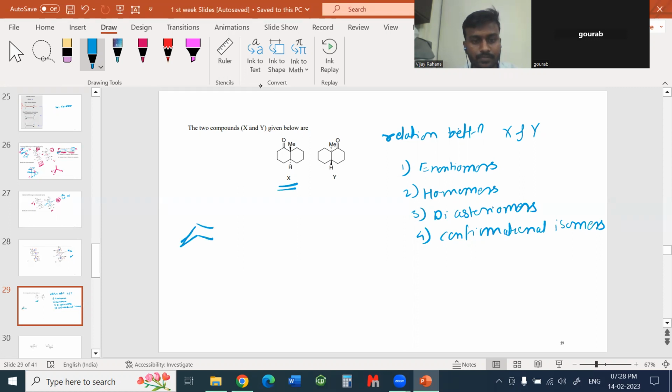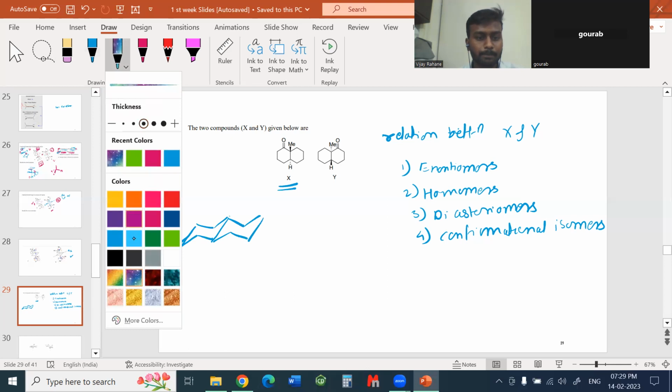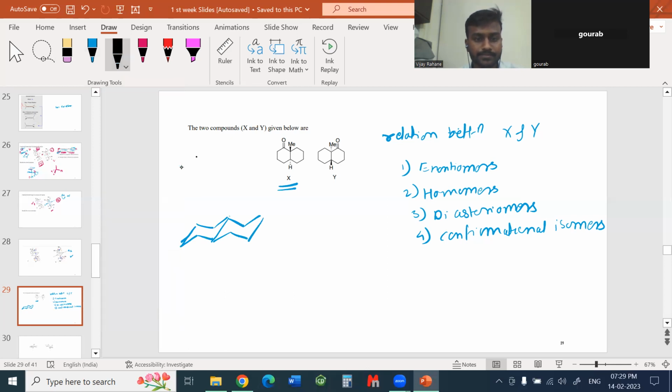See, here we have drawn the ring, the second ring. While drawing, I have kept in mind that this methyl group and hydrogen are anti.